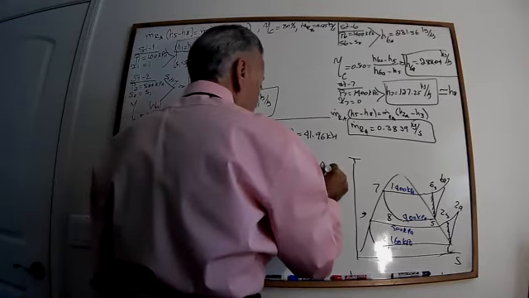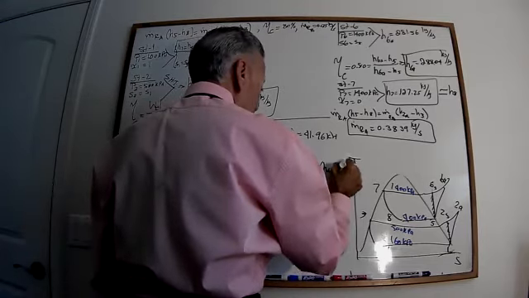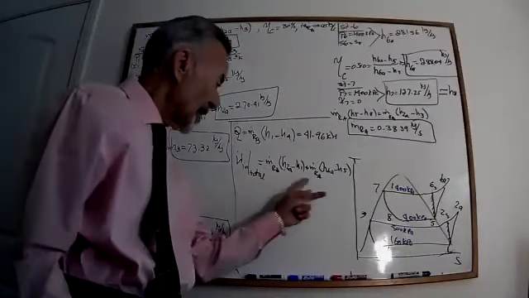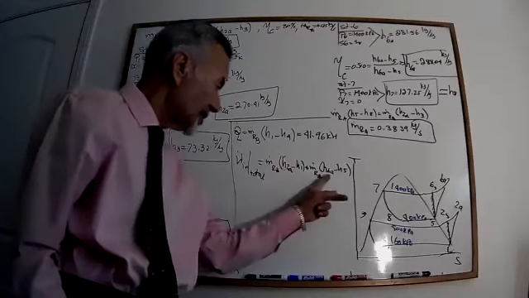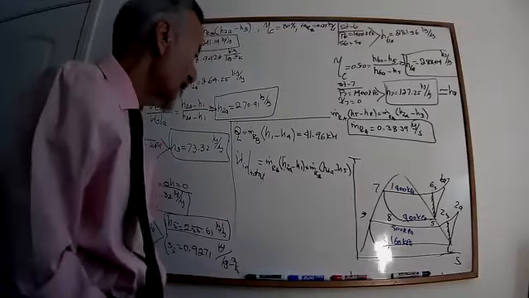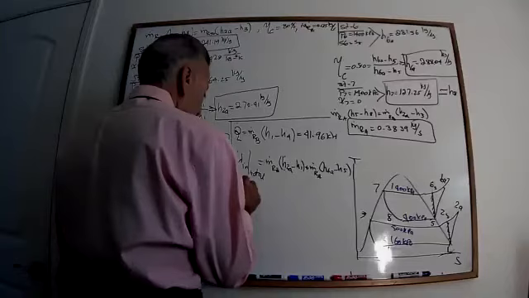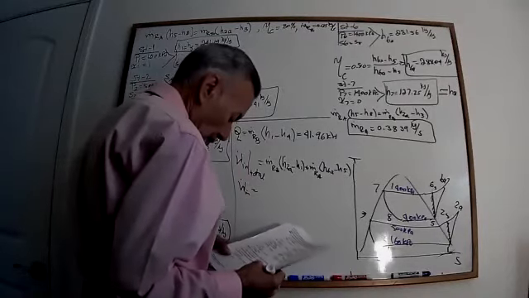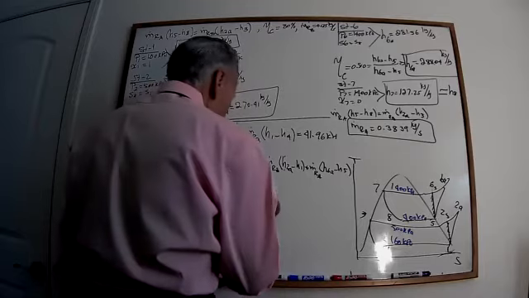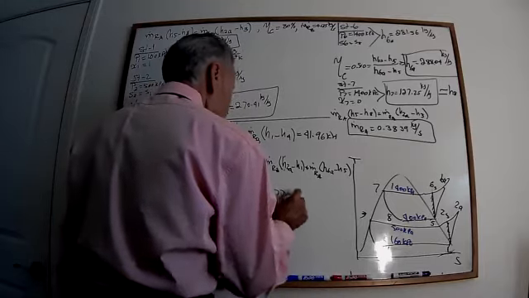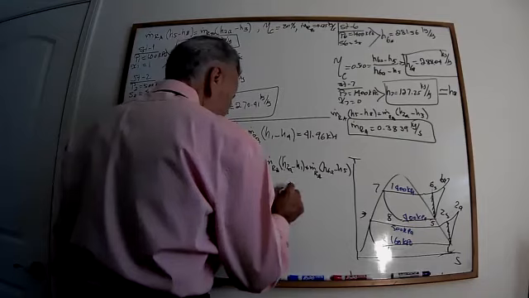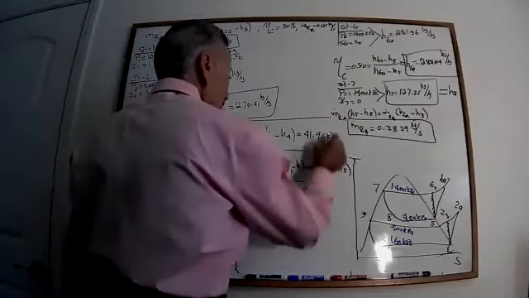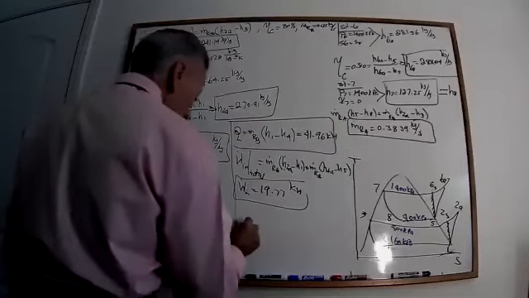This would be H6A minus H5. Now looking at this, I have both masses. I have H2A and H6A, and I have H1 and H5. Once I plug it in, my total work in becomes 19.77 kilowatt. That's my QL, and that's my work in.